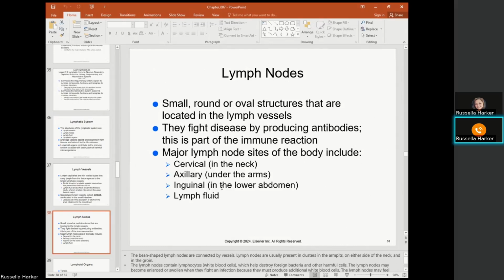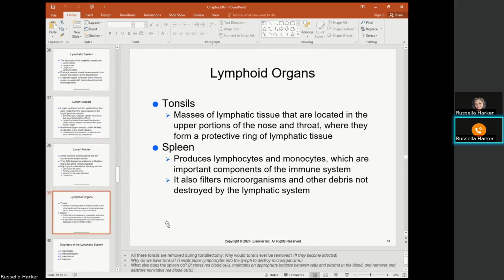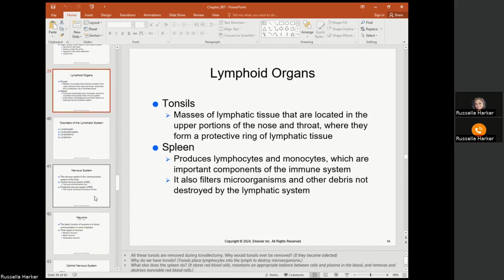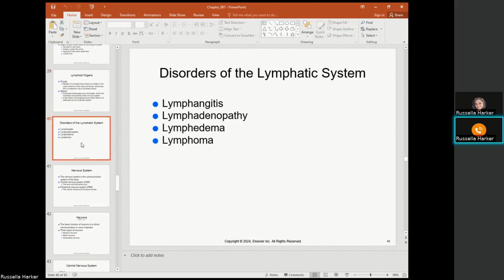Major lymph node sites in the body include the neck, underarms, and the lower abdomen. The major lymph organs are the tonsils and the spleen, both of which people can live with having them removed. These are disorders of the lymphatic system.